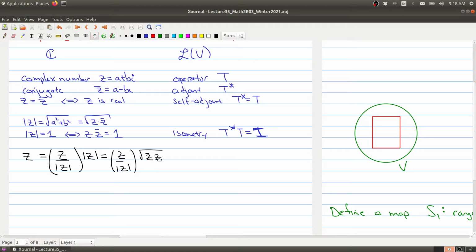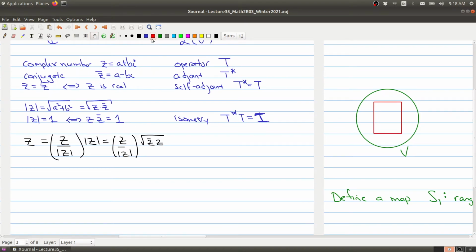Because this is the length of your complex number, and over here, this is an element on the unit circle in the complex plane. And over here, you want to think of this as scaling. So you can write a complex number by taking an element on the unit circle in the complex plane and then scaling it appropriately.